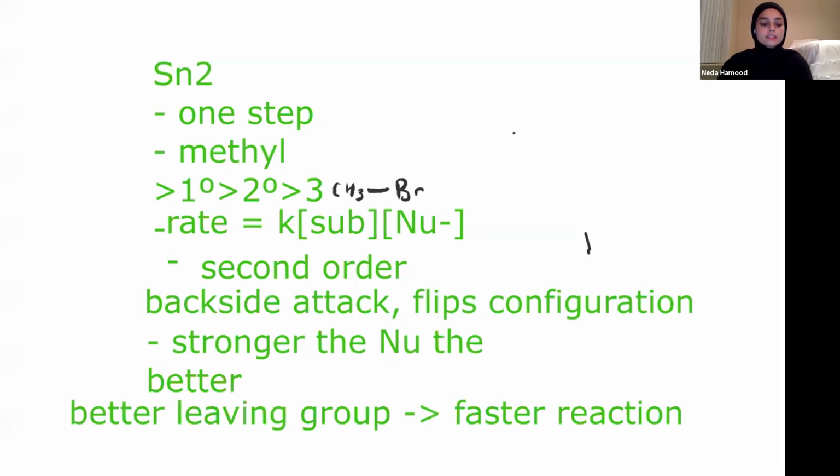And then over here, polar aprotic solvents are what is going to be favored. Wait, when you say stronger the nucleophile, the better leaving group, you said? So the nucleophile is different than the leaving group.